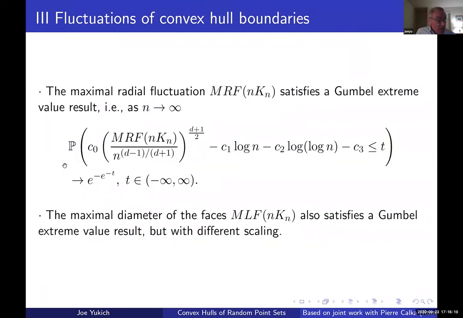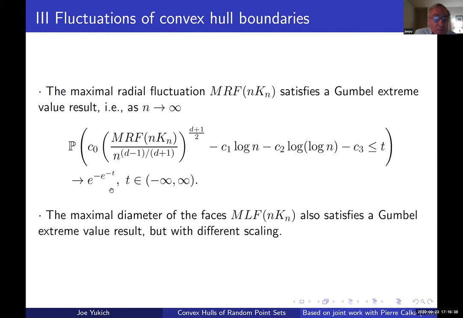The maximal radial fluctuation of this expanding convex hull satisfies a Gumbel extreme value result, namely, after scaling the maximal radial fluctuation by the right power of n, and centering around a logarithmic term and a log-log term, one gets convergence to a Gumbel distribution.